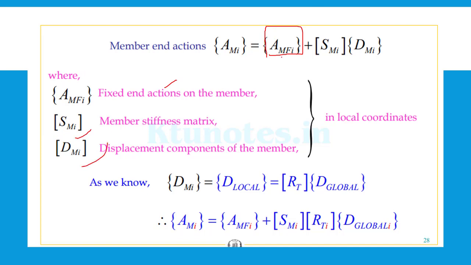That is, AMI is equal to AMFI, fixed end actions on member, plus member stiffness matrix into the displacement component of the member.